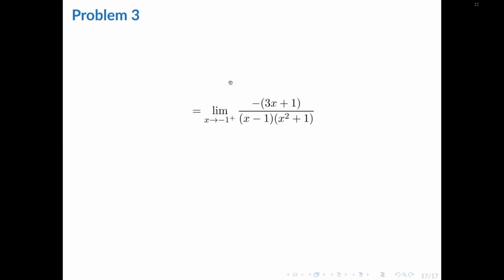So the resulting expression will be the limit of negative 3x plus 1 all over x minus 1 times x squared plus 1. So we can try direct substitution. We will get negative 3 multiplied by negative 1 plus 1 all over negative 1 minus 1 multiplied by negative 1 squared plus 1. So simplifying, we get negative 1 half.